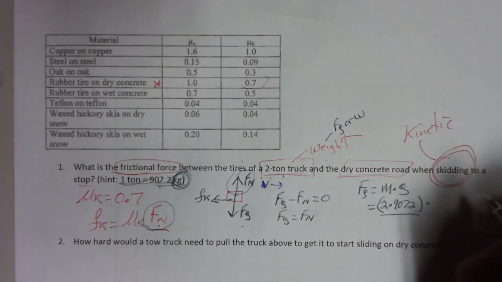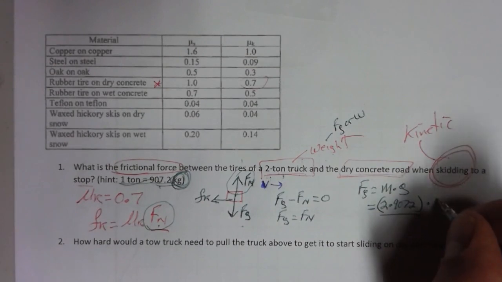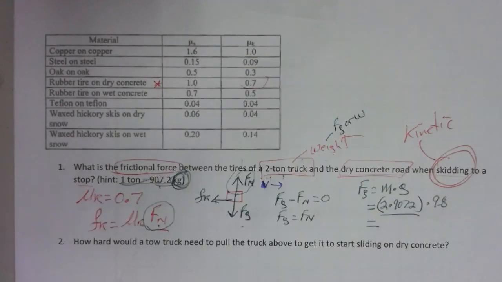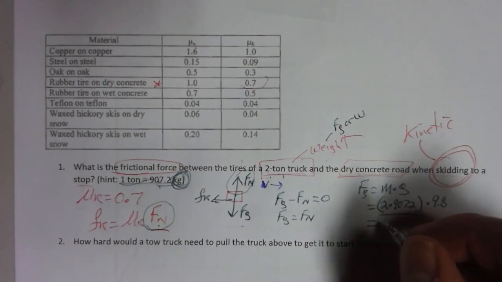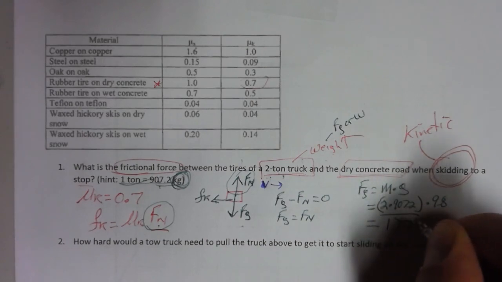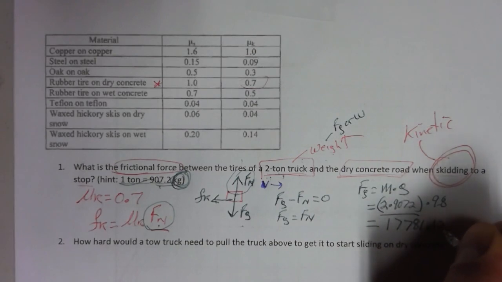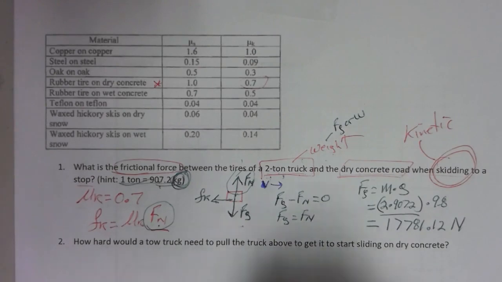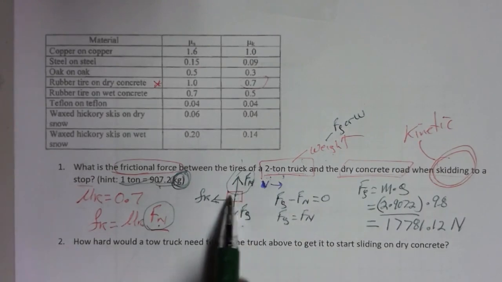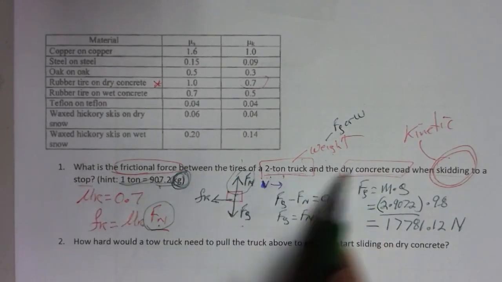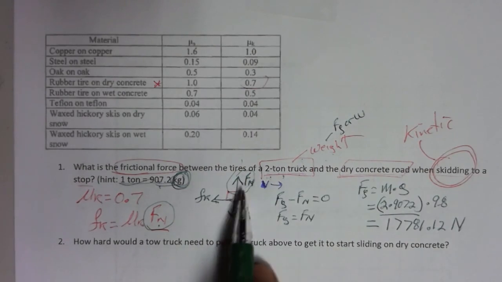G, we're going to use 9.8 today, 9.8 for the acceleration of gravity. Plug that in your calculator, and we get 17,781.12 newtons of gravity. Now, since our truck is on level ground, it doesn't say that, but we're assuming that, that means the normal force and the gravity will be balanced, because they're the only forces vertically.